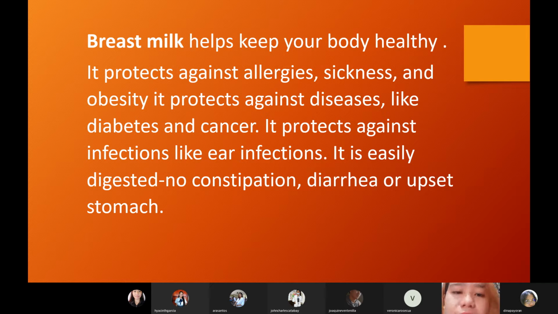It's easily digested, no constipation, diarrhea, or upset stomach. So it is very advisable to breastfeed the baby because those infections or diseases that can be acquired will be prevented if the baby is breastfed.